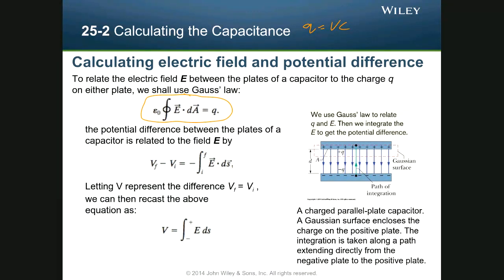I think one of the reasons we choose this path is because it will naturally give us a negative sign that cancels out from our definition here. But let's see how we're going to get this electric field for this parallel plate capacitor. We already did this in the Gauss's law chapter. We just didn't call them a capacitor.